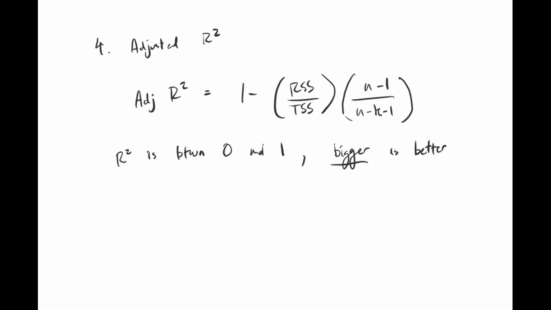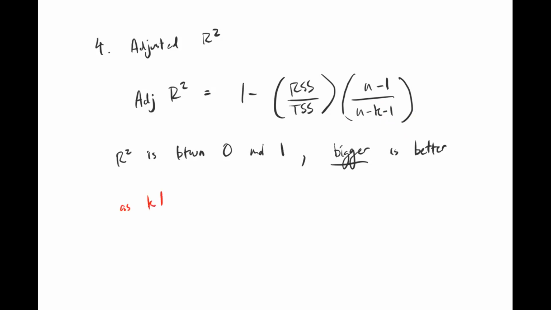And so when the number of parameters increases, so several steps here, right? As k increases, your denominator decreases. So actually, let's do it like this.